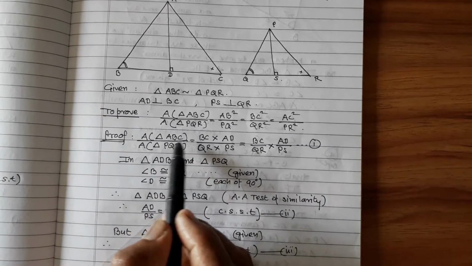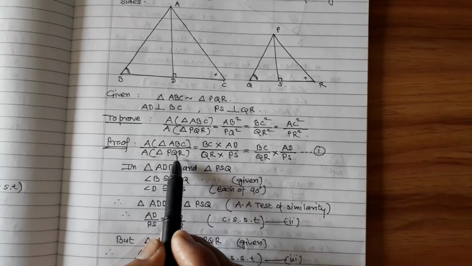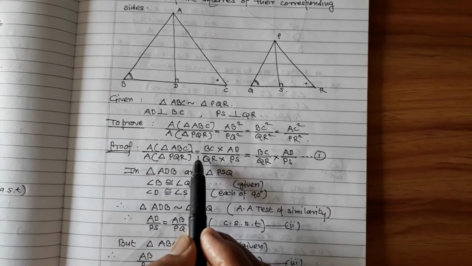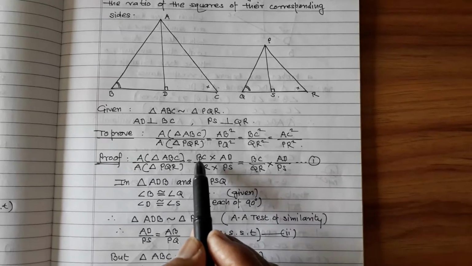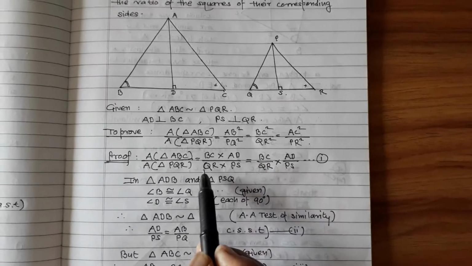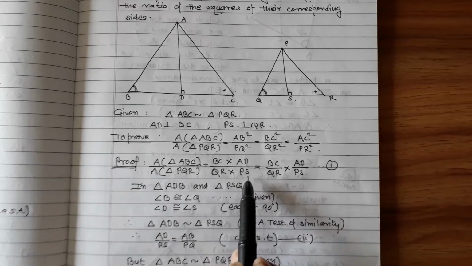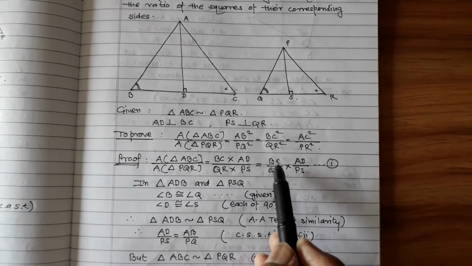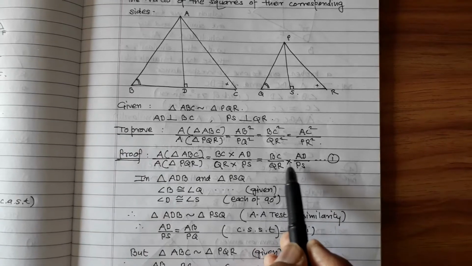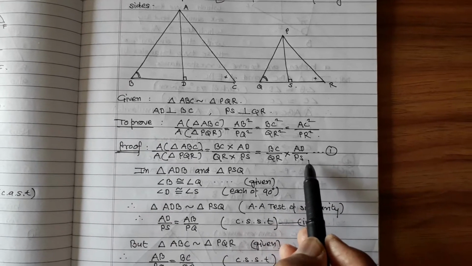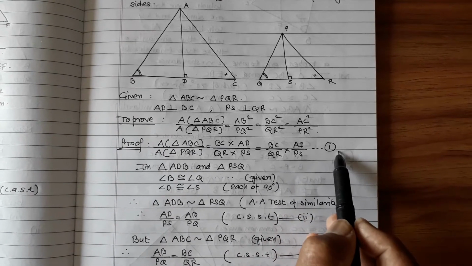Area of triangle ABC upon area of triangle PQR is equal to BC into AD upon QR into PS, which is equal to BC upon QR into AD upon PS. Statement number 1.